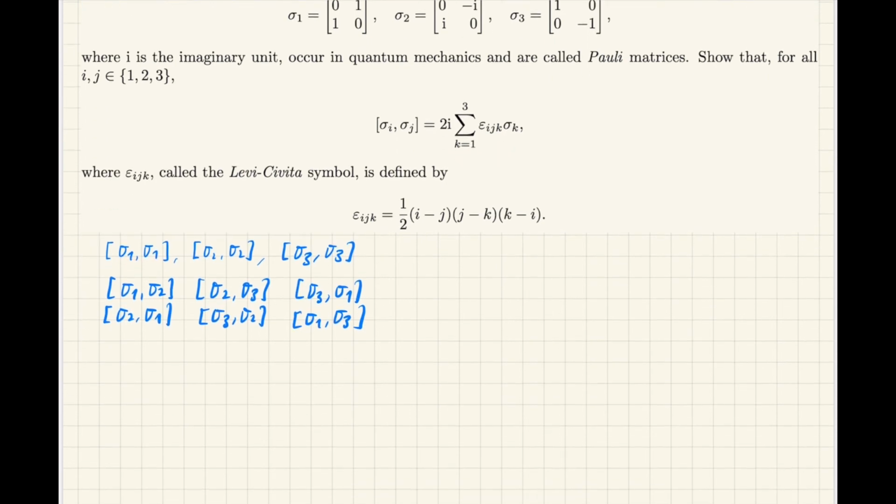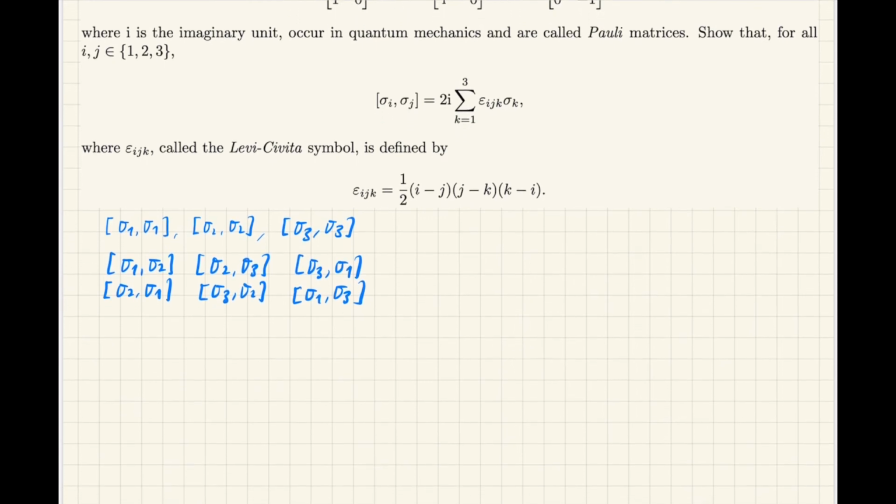For example, let us just consider one of them from all these 3. Let me consider the first one. Okay, so I need to convince myself that the commutator of sigma 1 and sigma 1 is equal to, so I am taking i to be 1, I am taking j to be 1 again.